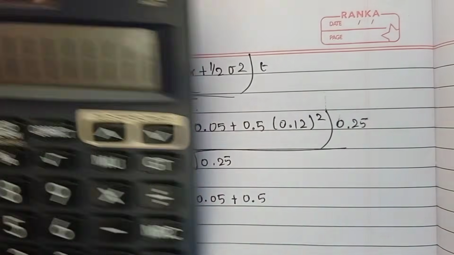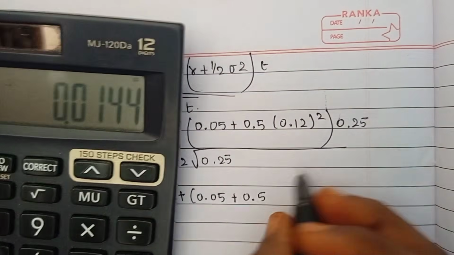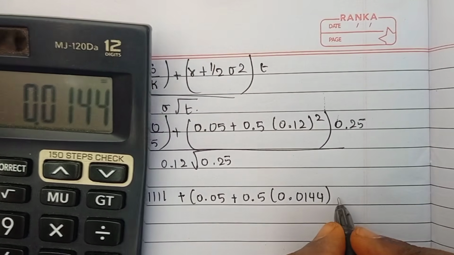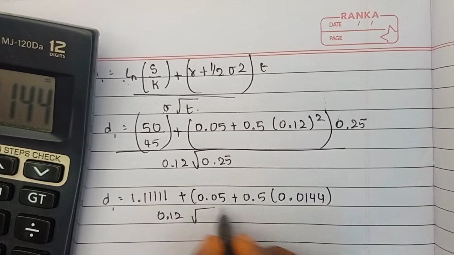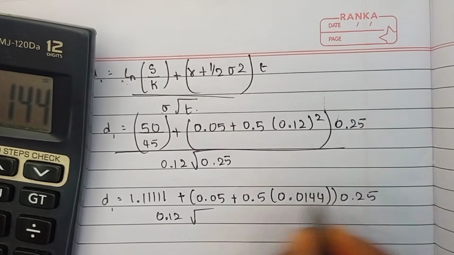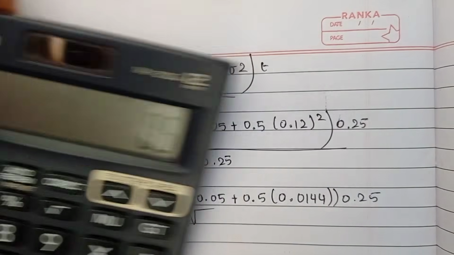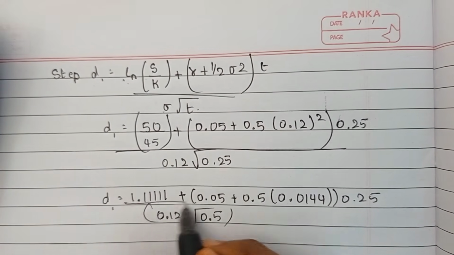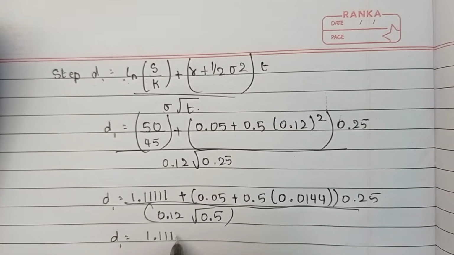Let's multiply this. 0.12 into 0.12 is 0.0144. Let's take the whole square of 0.25, that is 0.5. 1 plus.